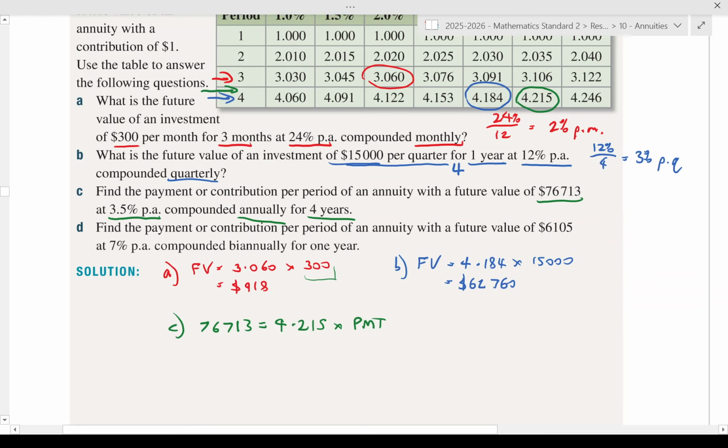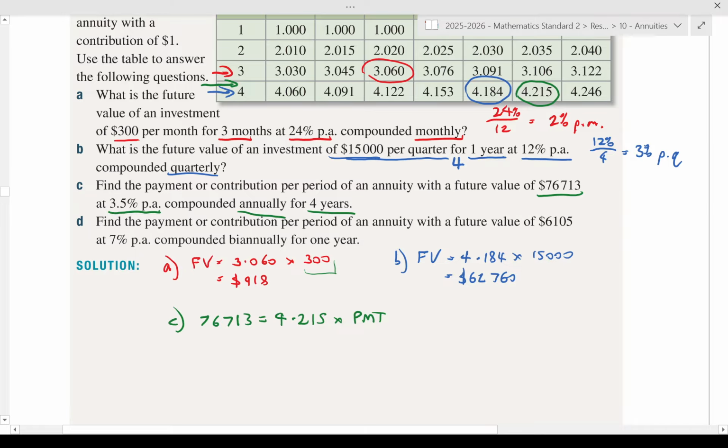Okay, so that's what we need to do. How do we get PMT on its own? We divide both sides by 4.215.